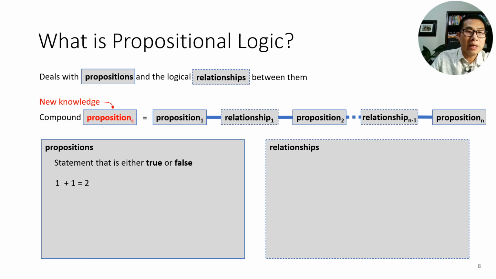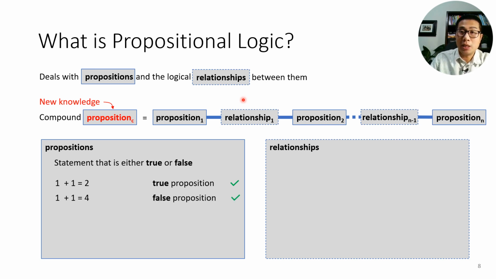Examples of propositions include 1 plus 1 equals 2, and this one is a true proposition. Another proposition is 1 plus 1 equals 4. This is a false statement, but it is still a proposition, even though it's false.